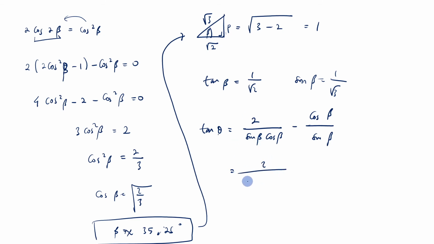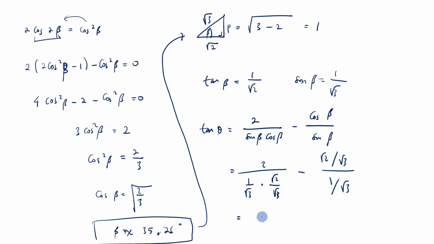Sine beta equals 1 divided by square root of 3, and cos beta is square root of 2 divided by square root of 3, minus square root of 2 divided by square root of 3, and 1 divided by square root of 3.